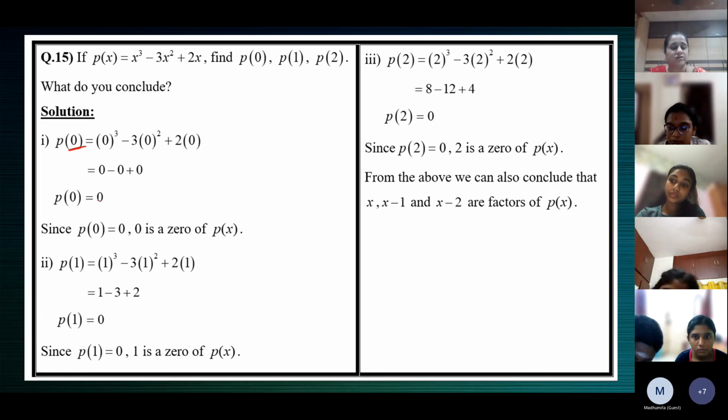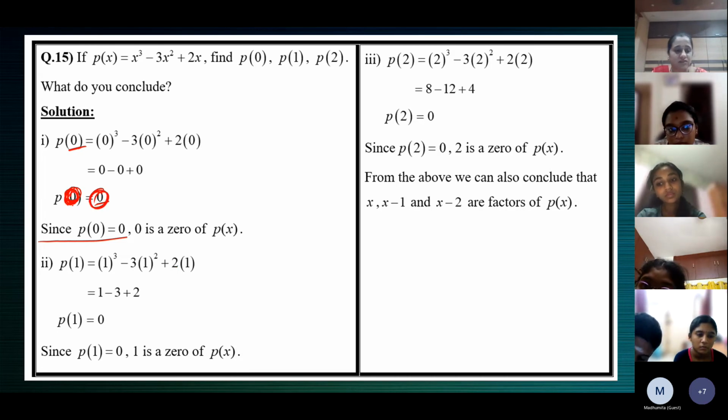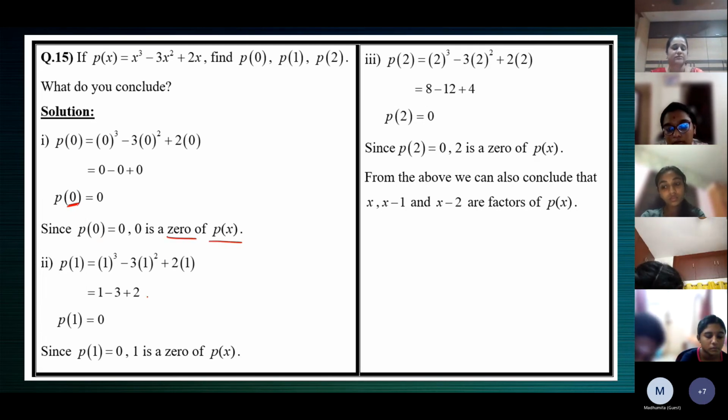Since p of 0 is 0, the conclusion is this 0 is a zero of p of x. This 0, not this 0; this one is the remainder. This 0 is the value which is used in place of x. So this 0 is a zero of p of x.